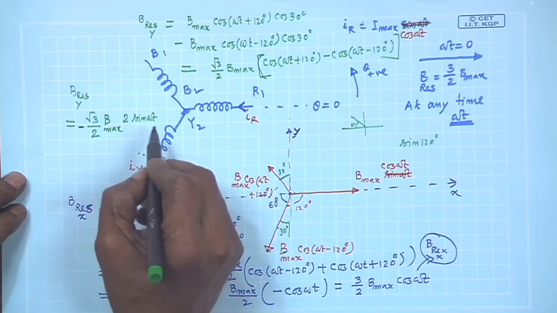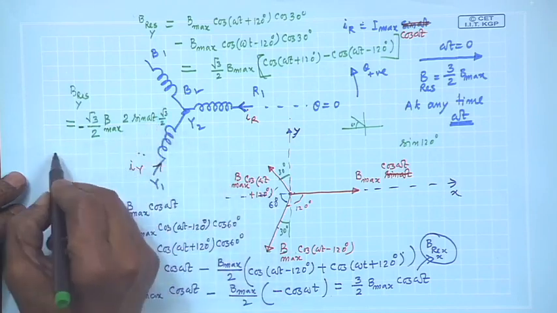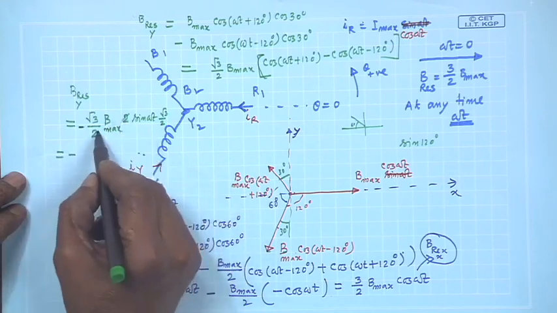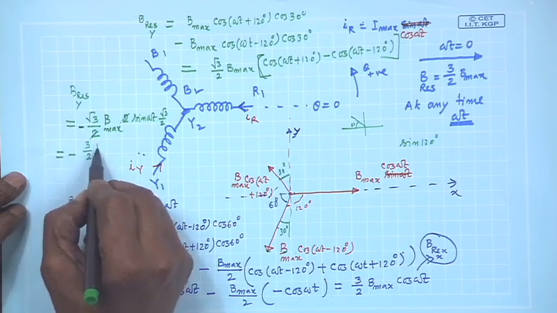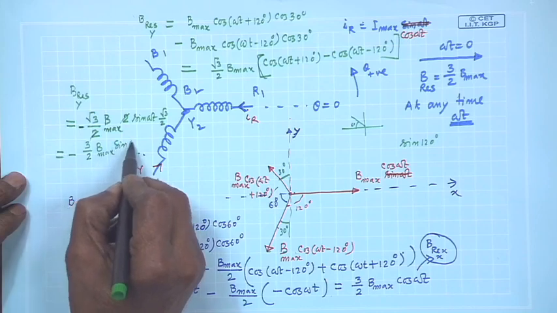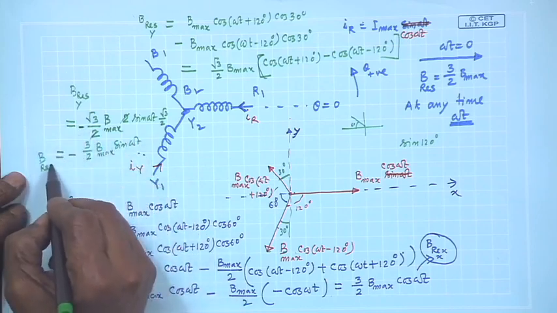So, into sin 60 root 3 by 2. So, this will then become minus, this 2 goes, and it will be 3 by 2 B max sin omega t. So, this is B resultant y.